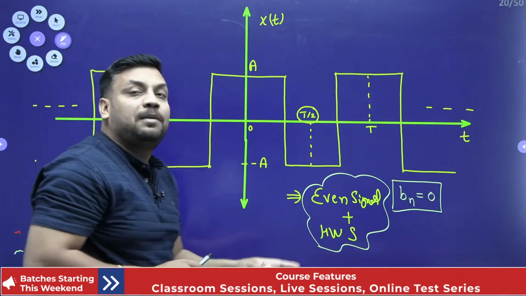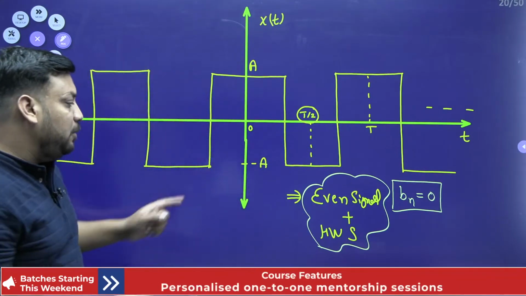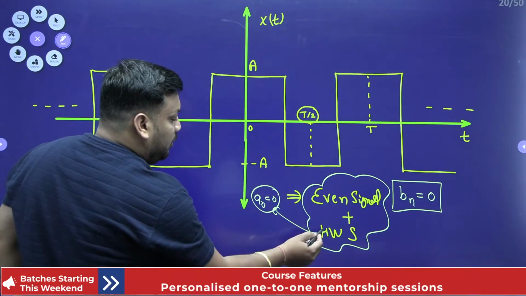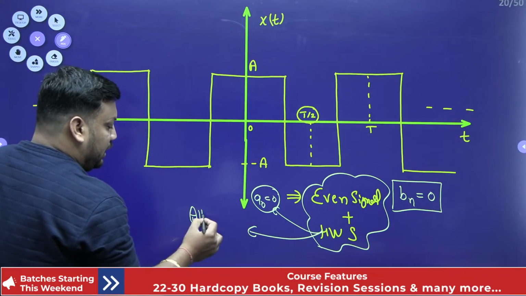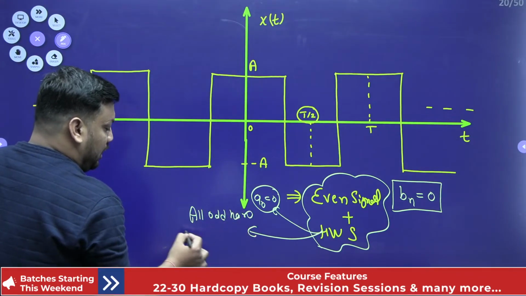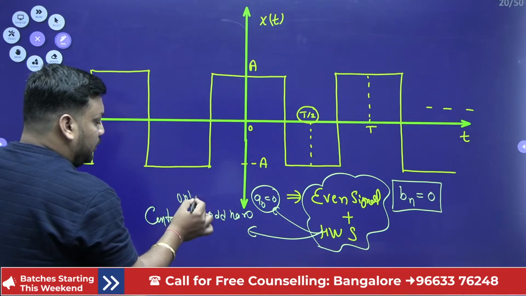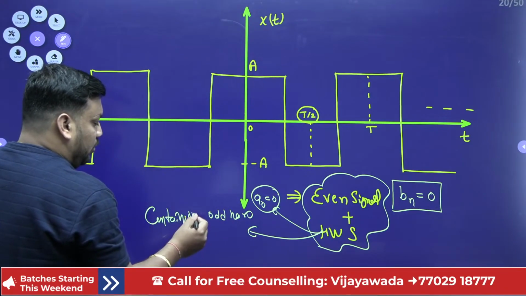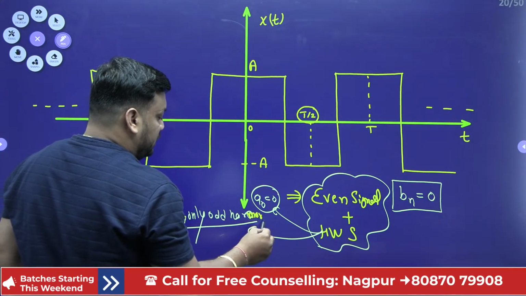If the signal is HWS, its average value will always be 0. Because of HWS, the average value is 0, and HWS also makes all even harmonics 0. So, it will contain only odd harmonics. Are you getting my point, guys?